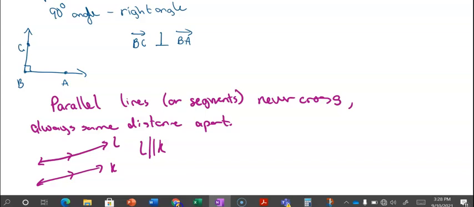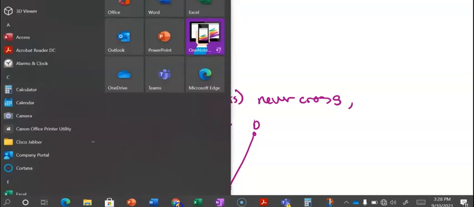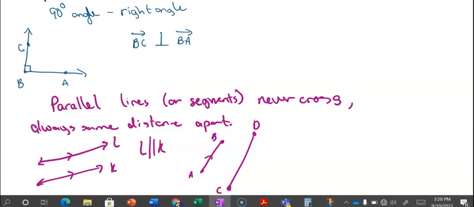I could also have two segments. Maybe these two are not parallel to the original two, but they are parallel to each other. By the way, parallel segments don't have to be congruent. They just have to be going the same direction. And to indicate that these two are parallel, I might put double hash marks on it.